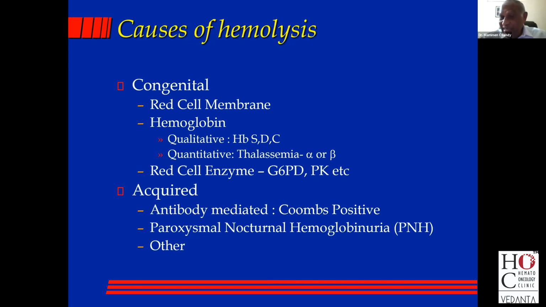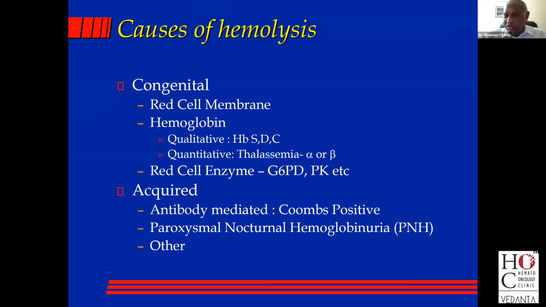It can be there in E beta thalassemia because that is a combination of a hemoglobinopathy and a thalassemia. Right? Next is red cell enzyme deficiency, G6PD, and PK, and many more. So only three congenital causes of hemolytic anemia: red cell membrane, hemoglobin, red cell enzyme.